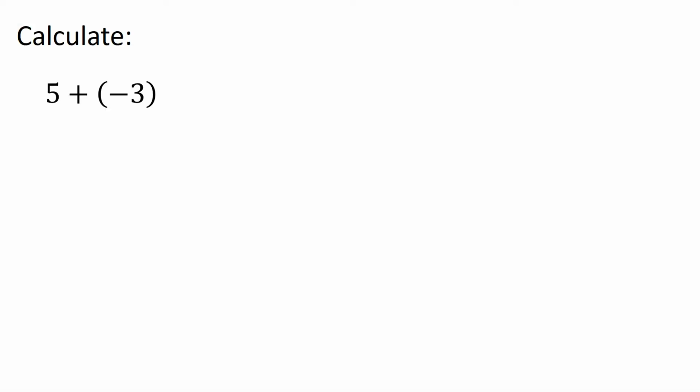So let's look at 5 add -3. Okay, let's clarify first of all whether the 5 and the -3 are positive or negative. Are they yellow or are they red? So 5 is a positive 5.